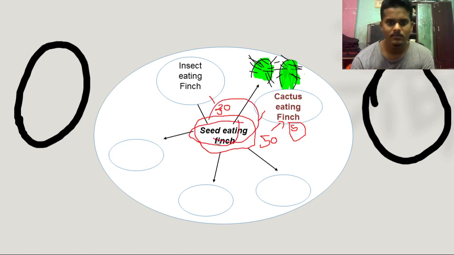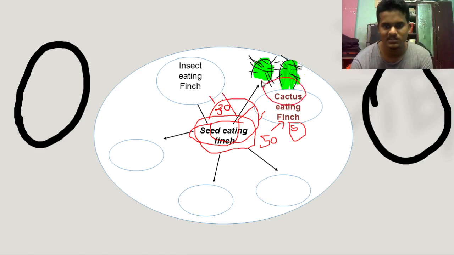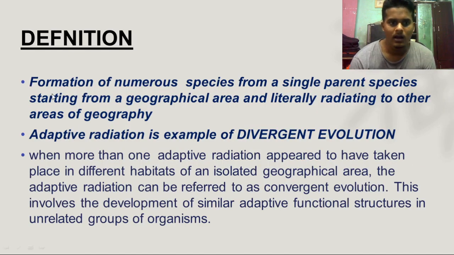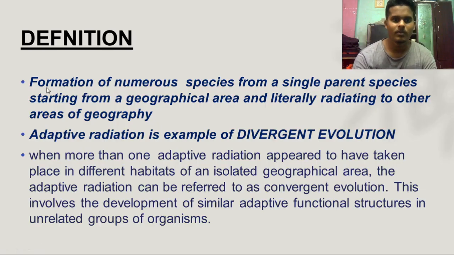The organism is moving on to different geographical areas, and they adapt to that situation, and they continue their habitat. This is adaptive radiation. An easy definition of adaptive radiation is the formation of numerous species from a single parent population.